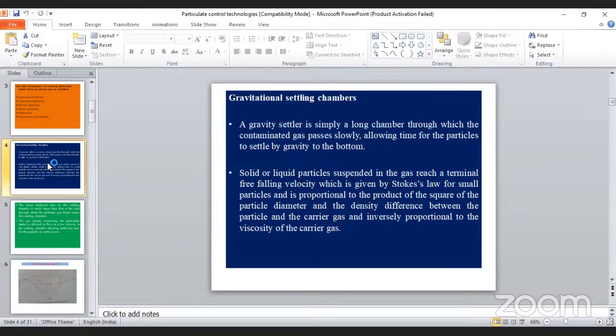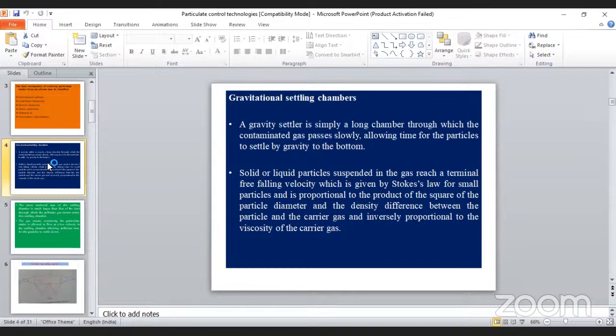Then whatever the gas you have to clean from the particulate matter, you just pass through the chamber. Once after entering into the chamber, you have to reduce the speed of the gas stream. And when you are reducing the speed, what will happen automatically due to the natural gravity?